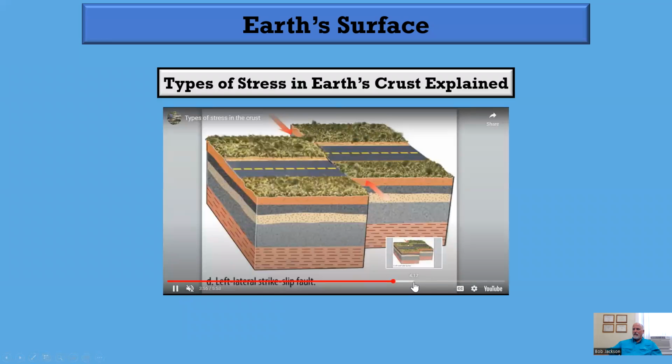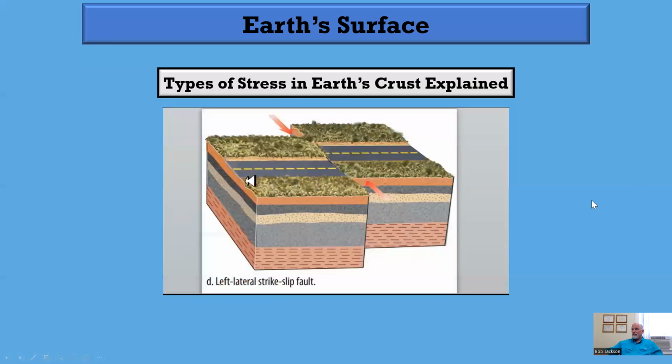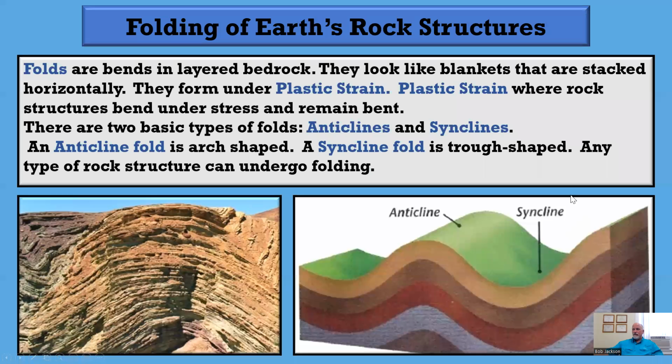Okay, and it shows animations of types of stress like here, and you can see after big earthquakes in areas where this takes place, particularly sidewalks in towns and then roads, you can see where the movement took place. Okay, so that's a good video for you to show a simulation of each of the different types of stresses that can take place in rocks.